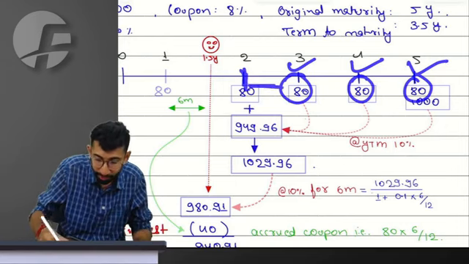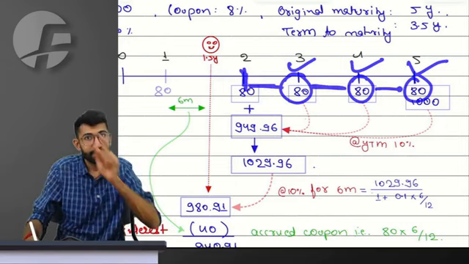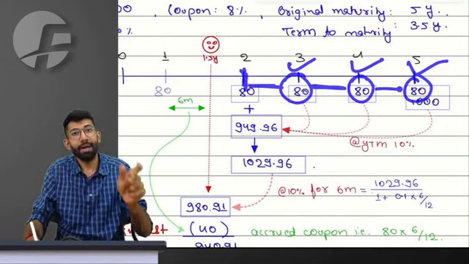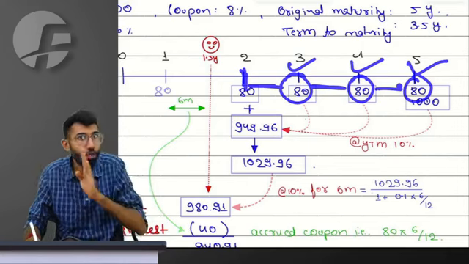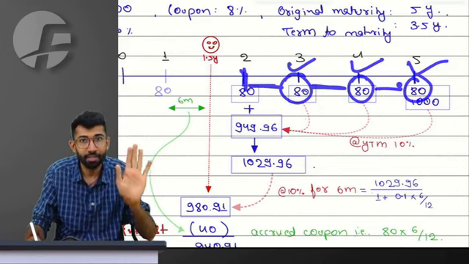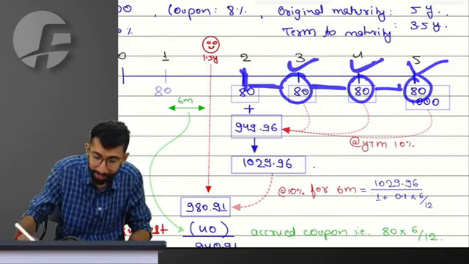Yes. Year 1, year 1, year 1. Same gap, same time interval and the same amount. So let us do one thing. Let me discount all my future cash flows to year 2 at least. So this 80, this 80, this 80 and this 1000 rupees will be discounted at 10% YTM at the end of the second year to give you a value of 949.96.